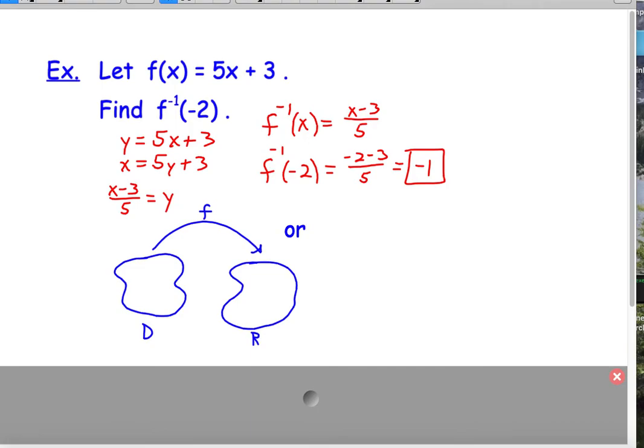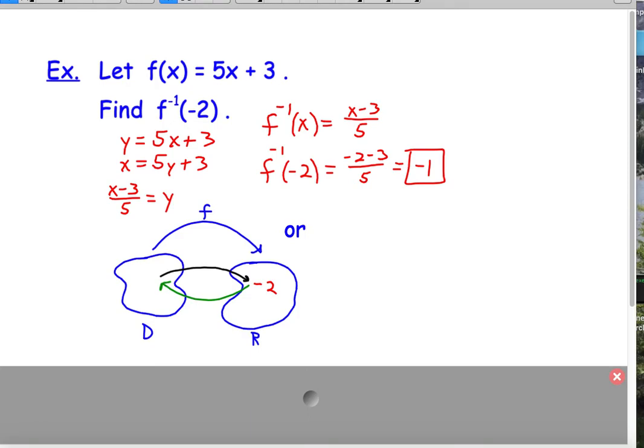So if I want to know what's f inverse of negative 2, I'm looking to see if negative 2 is over here, what got mapped to negative 2 for my function f? Because the inverse will take negative 2 back to whatever that number is.